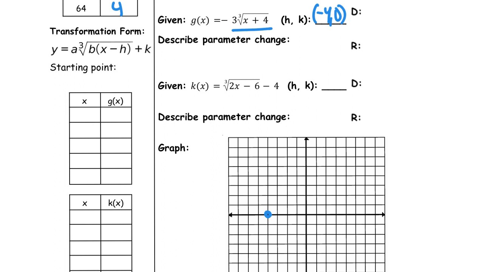So I'm going to go 1 to the right. I'm supposed to go 1 up. But when I multiply 1 times negative 3, what do I get? Down 3. I go down 3. Then you're supposed to go 8 and up 2.